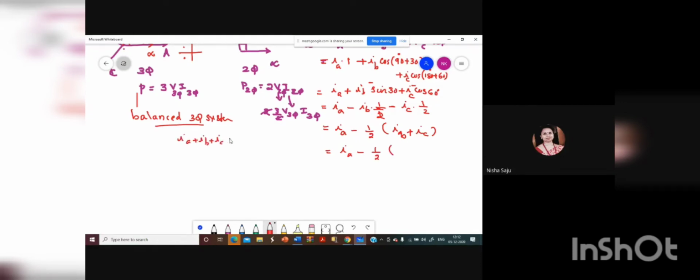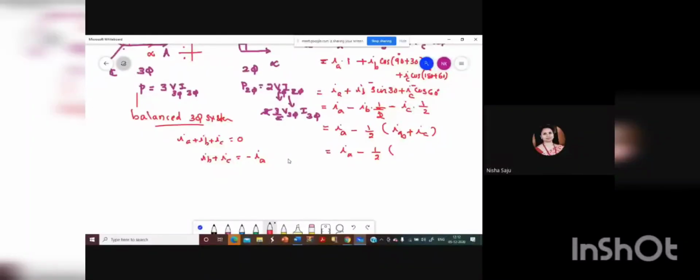Then what is IB plus IC? That's equal to minus IA. So you can simply put here minus IA. Or you are getting it as equal to IA plus 1 by 2 IA. So what is that value? That is equal to 3 by 2 IA. Right, I alpha will be equal to 3 by 2 IA.